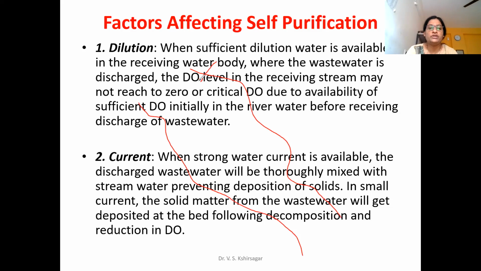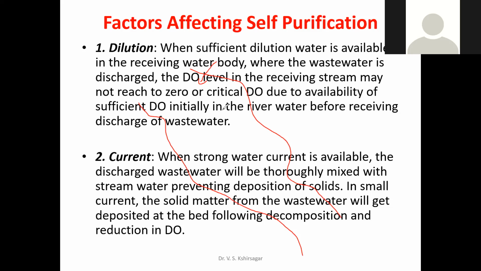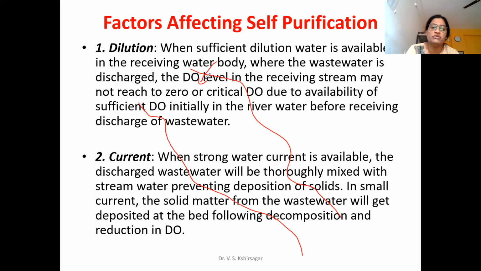If that body has a sufficient quantity of water, it will not immediately start decreasing the dissolved oxygen level. This graph shows the level of dissolved oxygen. At this point you will not find the dissolved oxygen getting down, but slowly it will keep on degrading.